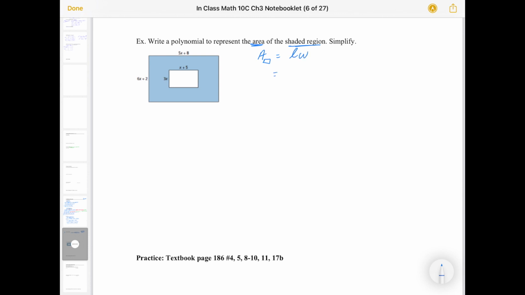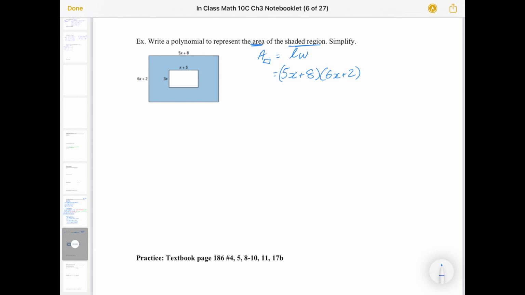Well, the length of my big rectangle is 5x plus 8, and the width is 6x plus 2. Okay, that's fantastic. I've got multiplication.